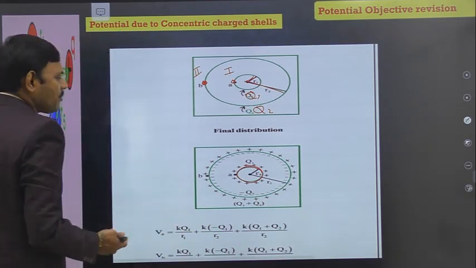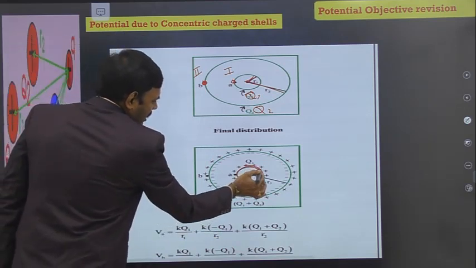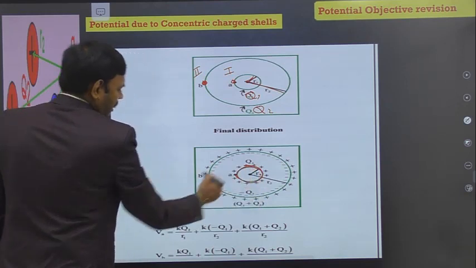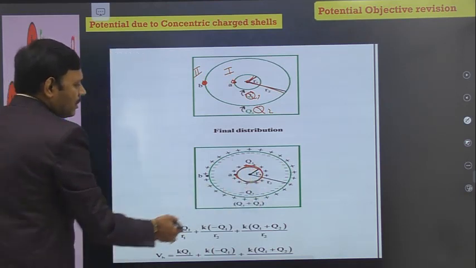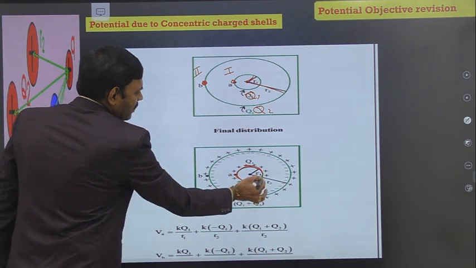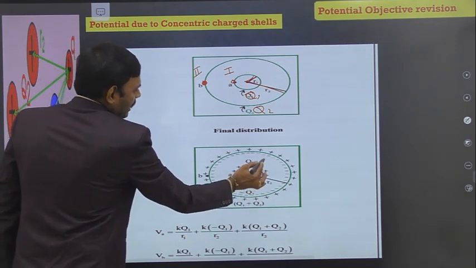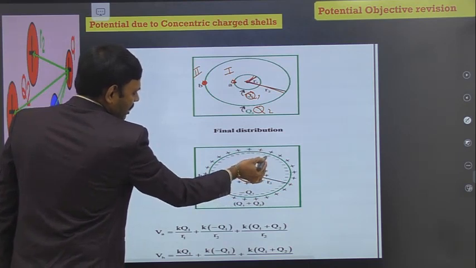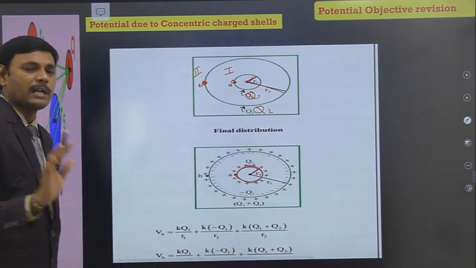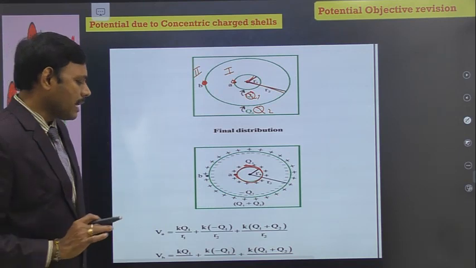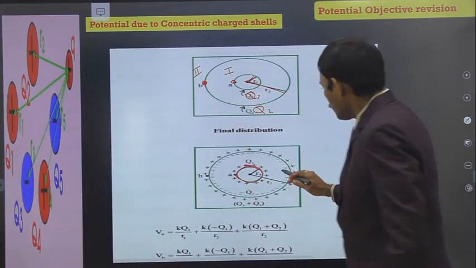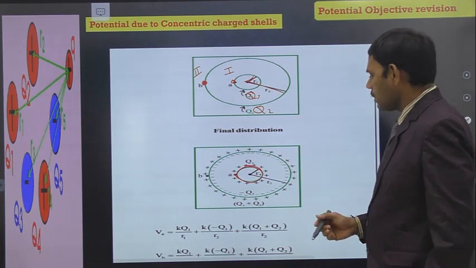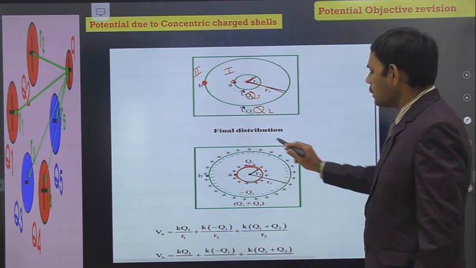By induction, if Q1 is the charge on the outer surface of the inner spherical shell, then at the inner surface of the outer spherical shell, a charge is induced. Listen to the concept carefully.